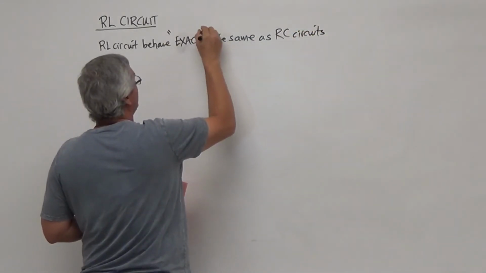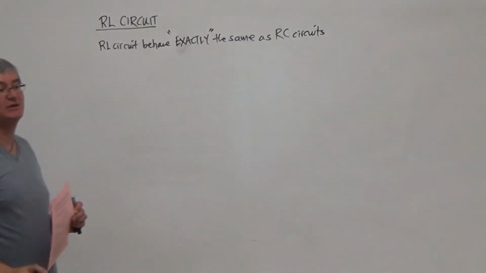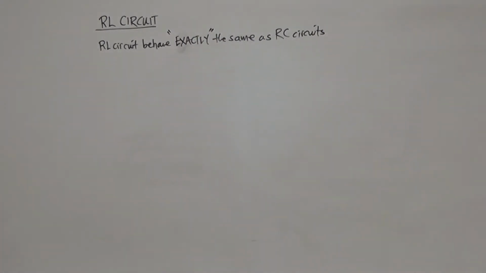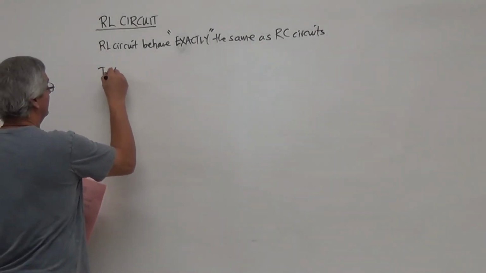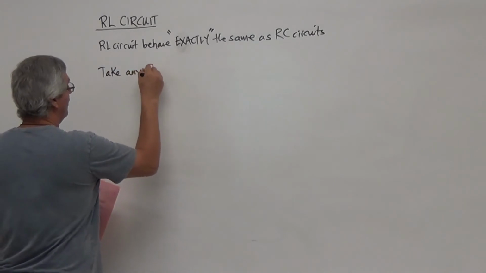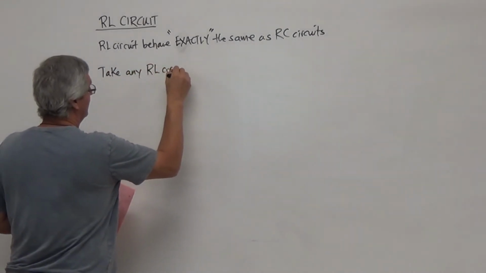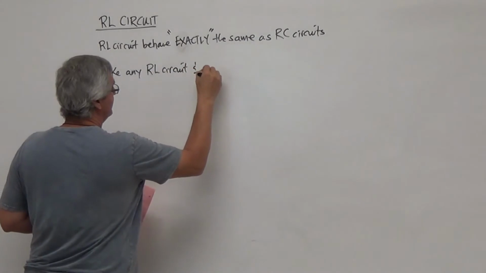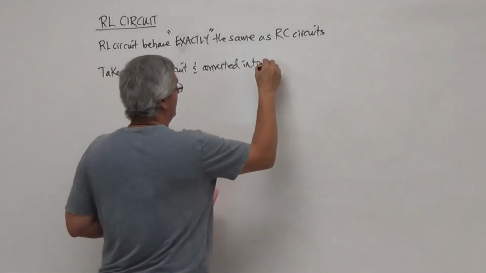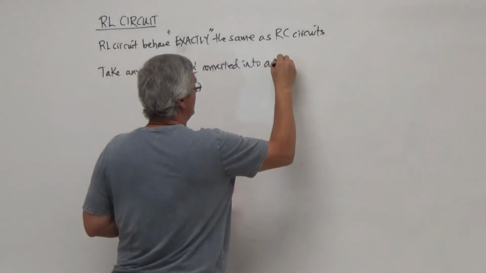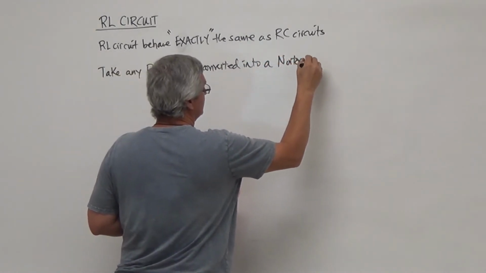Now, I agree that there are two different processes going on. And so our goal here is to take any RL circuit and convert it into a Norton circuit.